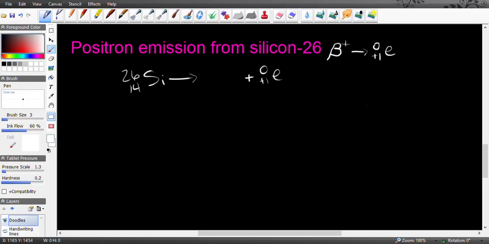So once again, everything has to be the same. So 26, and then I believe we'll go 13 in this case. Yes, 13, and element number 13 is aluminum. So 13 plus 1 is 14, 26 plus 0 equals 26. We're good to go.